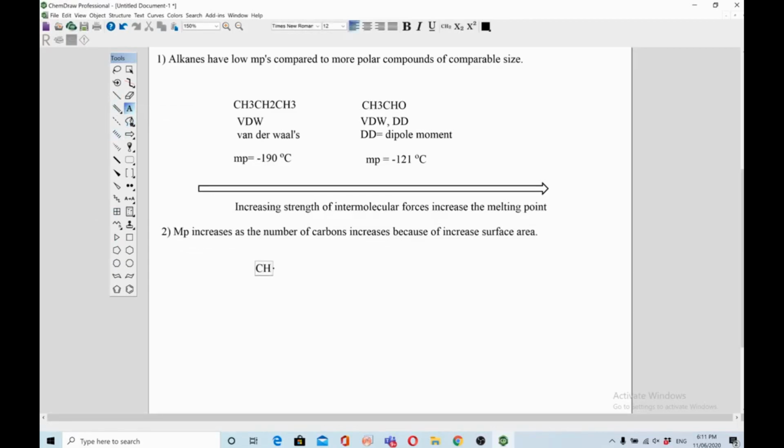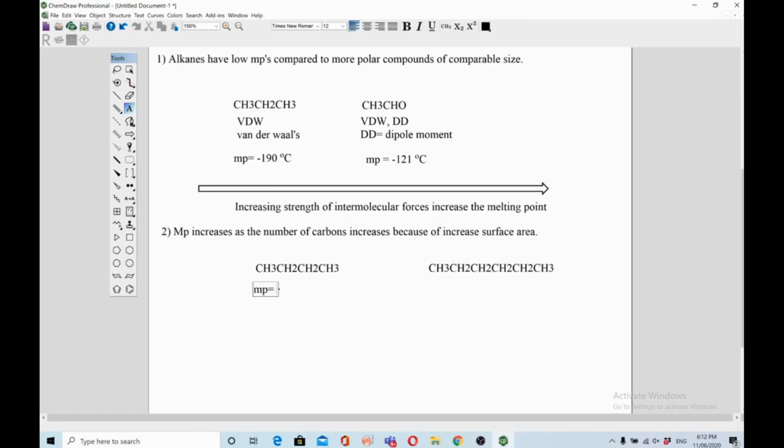For example, let's see CH3CH2CH2CH3, this one, and let's have a look at this one, CH3CH2CH2CH2CH2CH3. Now this compound has more carbons than this one, so there will be a difference in melting point.